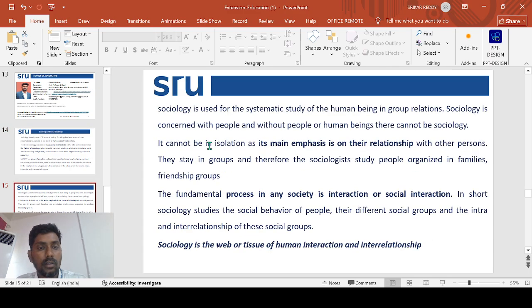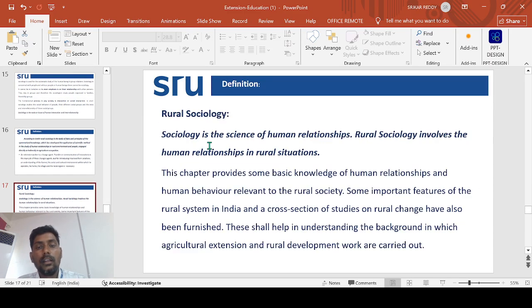A few more definitions were also discussed: sociology is the science of human relationship, and rural sociology involves human relationships in a rural situation. If you maintain specificity, then it is specific sociology, and rural sociology is one type where human relationships are studied only in rural situations.